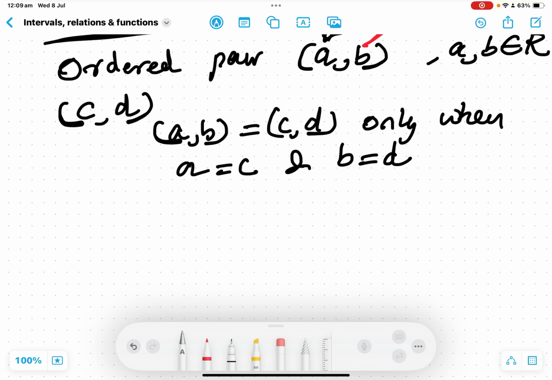This is actually called the codomain, but you can call it range as well.